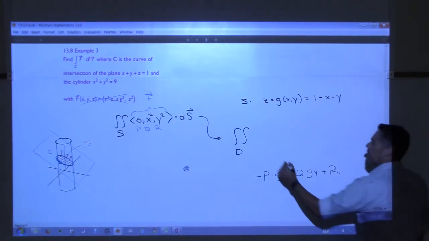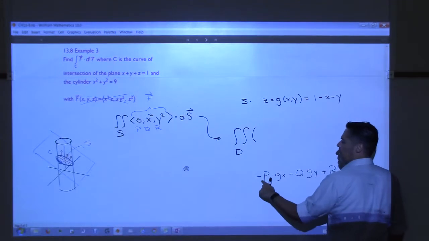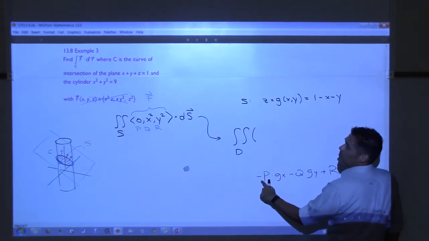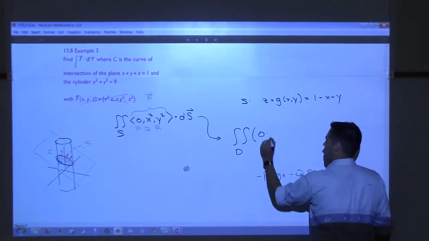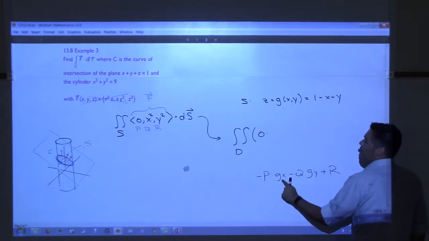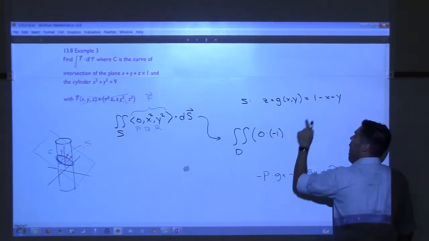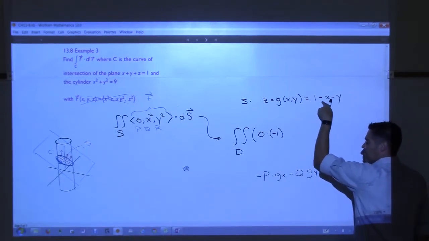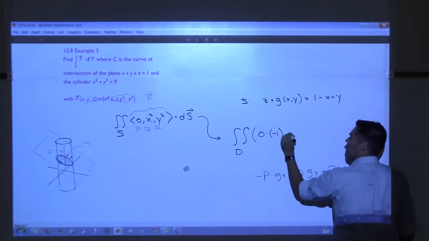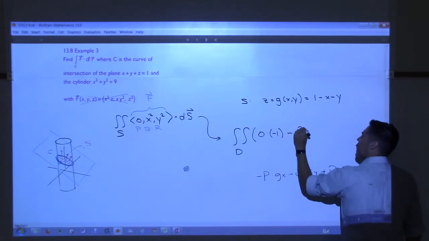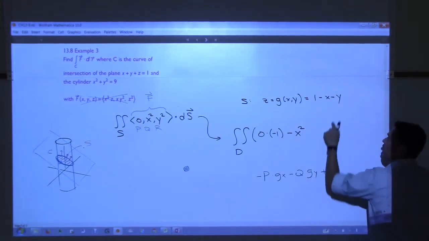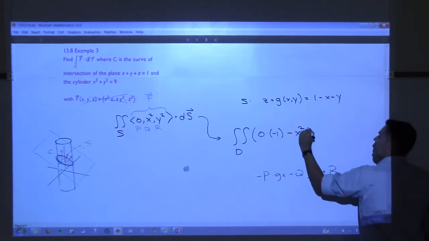So what goes in here? Negative P, which is 0. So that's just 0 times partial g with respect to x, which won't matter, but what is it? Negative 1, right? That's partial of g with respect to x. And then minus, what's Q? X squared, but then times partial of g with respect to y, which would be negative 1.